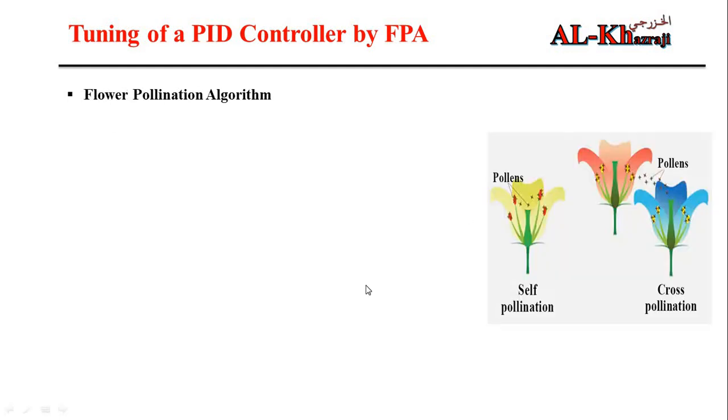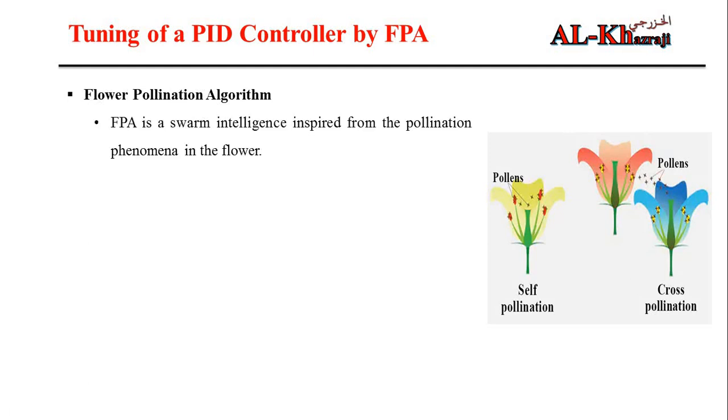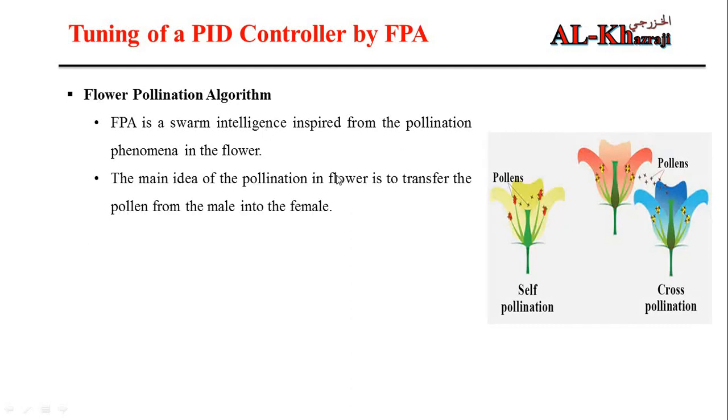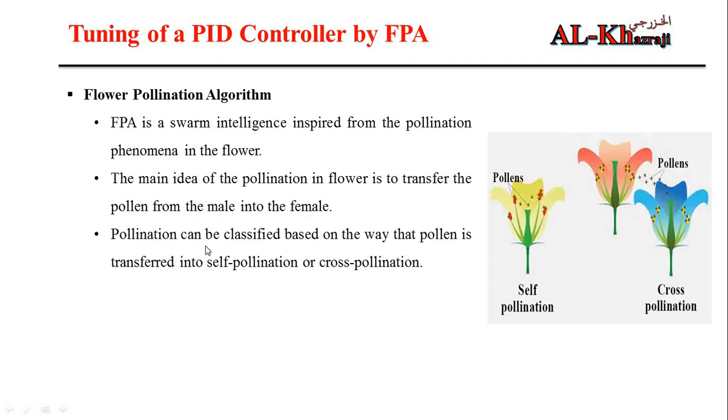Now, the flower pollination algorithm. The basic concept of the flower pollination algorithm is that it's a swarm intelligence method inspired by the pollination phenomena in flowers. The main idea of pollination in flowers is to transfer the pollen from the male to the female. The pollination could be classified by the way the pollen is transferred. So we consider there is self-pollination and cross-pollination.